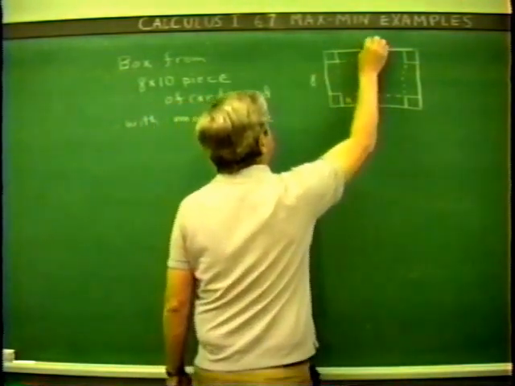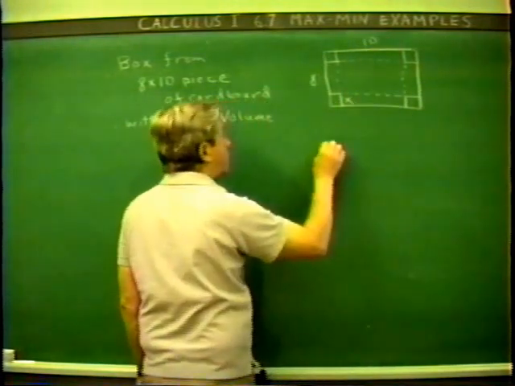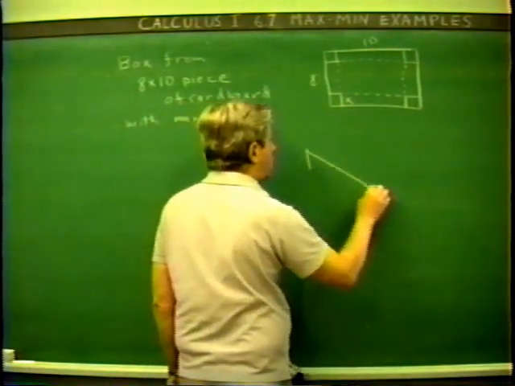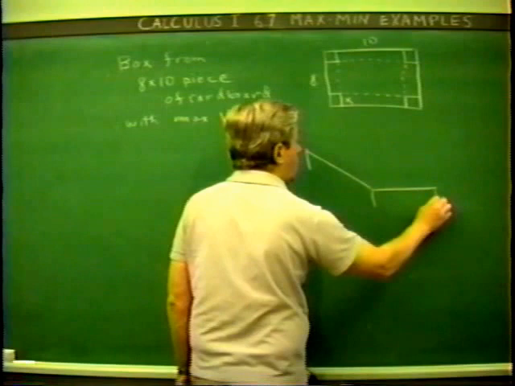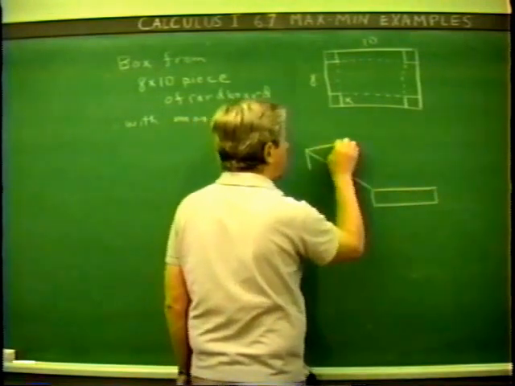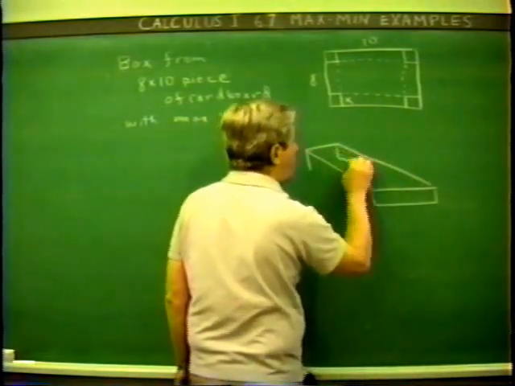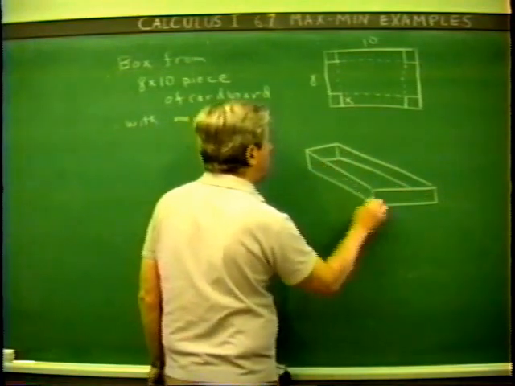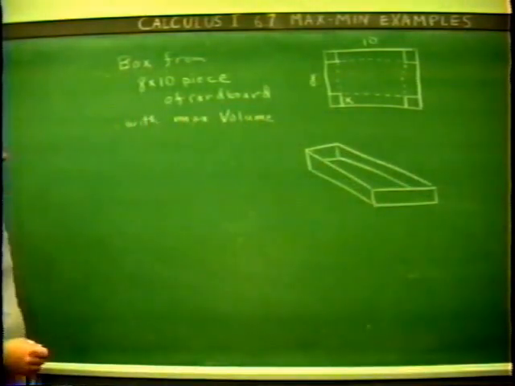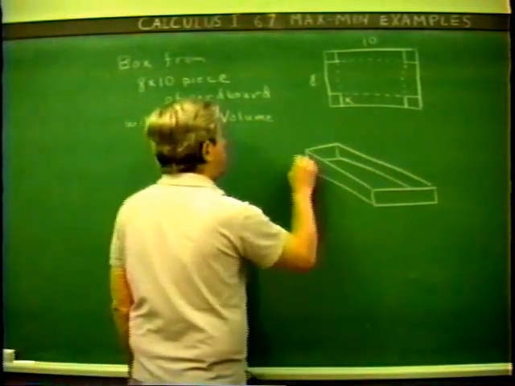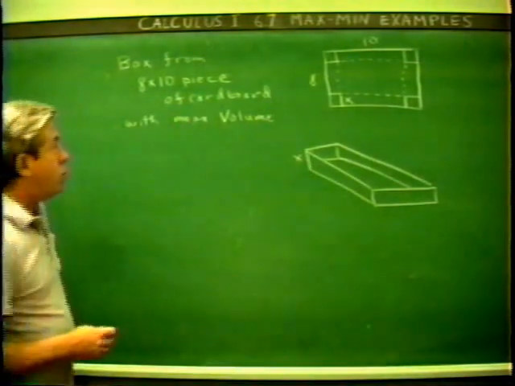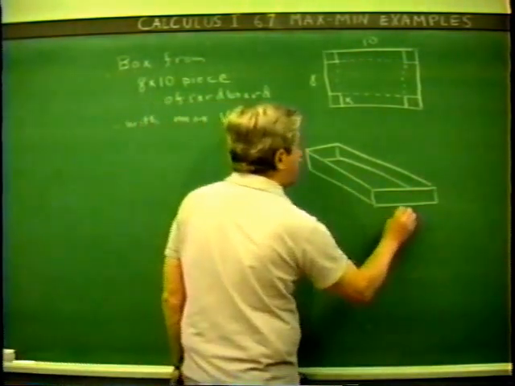So that if we cut out x here, this is going to be 8 by 10. We're going to end up with a box that looks something like this. It's going to have x for its height.